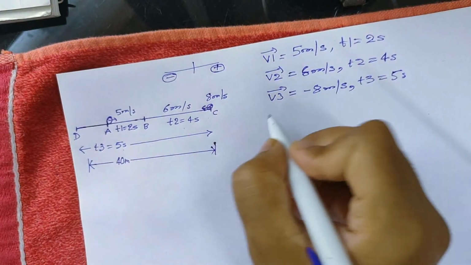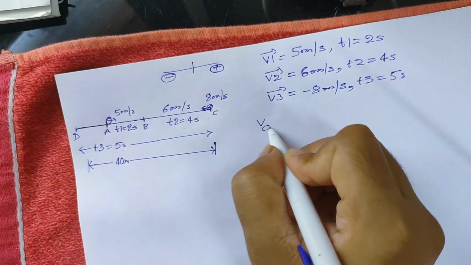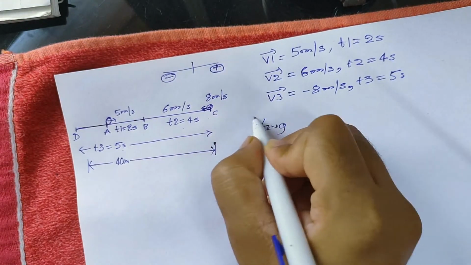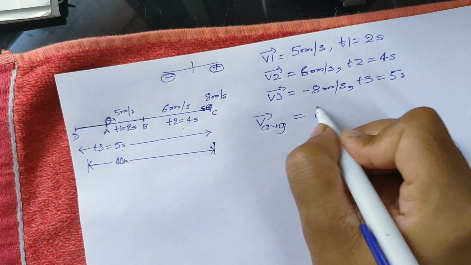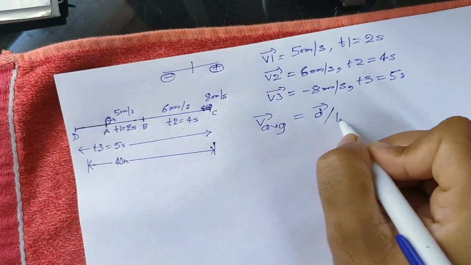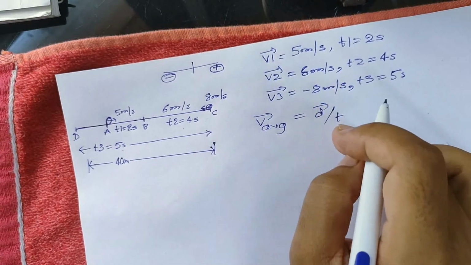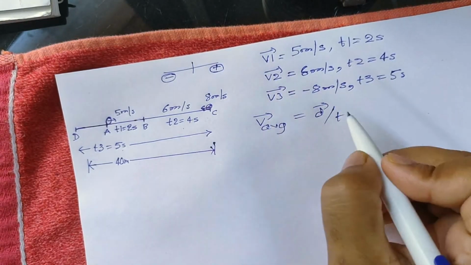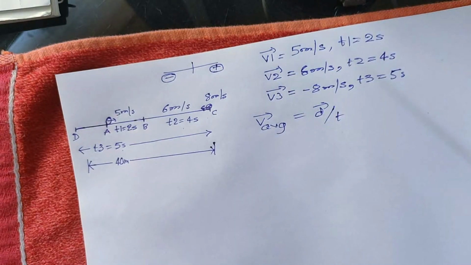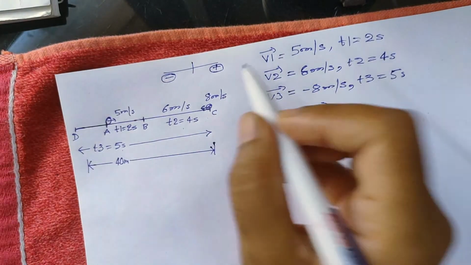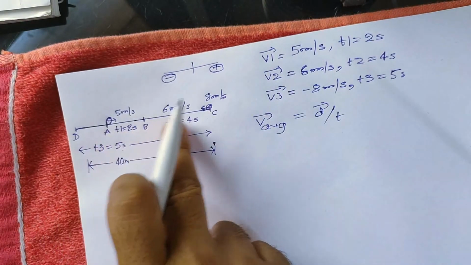Fine. So the formula of average velocity is total displacement, let us denote it by d, divided by total time. Okay, total displacement by total time spent. So let us calculate d first. In order to calculate d, we must calculate the constituent displacements.